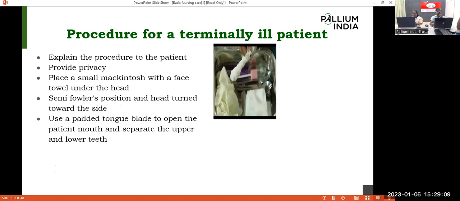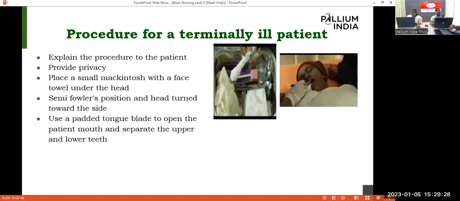Then a semi-Fowler position, and the head turned towards our side, taking care to turn the head of the person towards that side only. Then use a padded tongue blade to open the patient's mouth and separate the upper and lower teeth. For opening the mouth for a while for giving care, we can use a padded tongue blade.